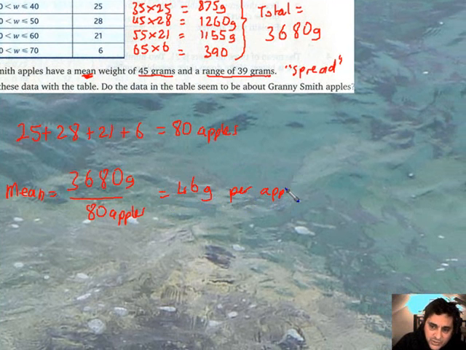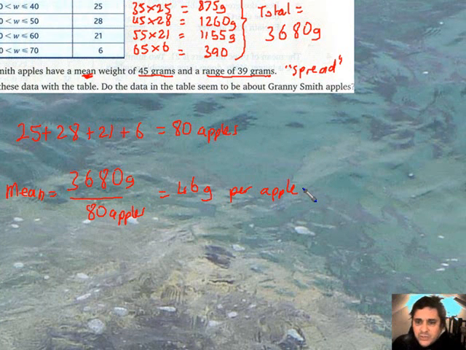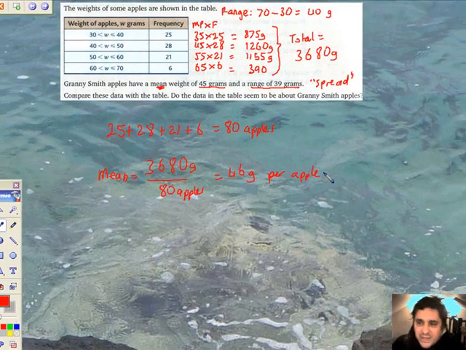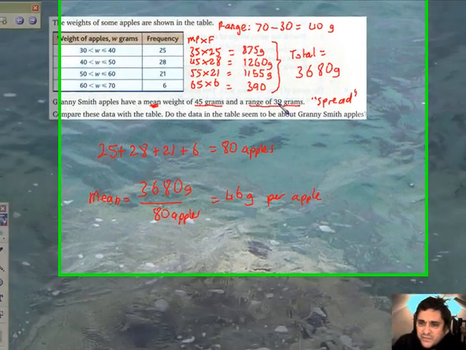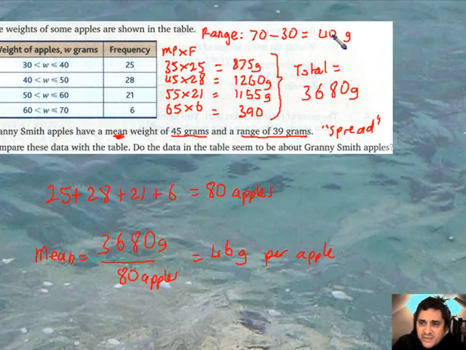Now, question. Compare these data with the table. Do the data in the table seem to be about Granny Smith's? Well, a range of 39 for Granny Smith's, 40 in the table. A mean weight of 45, we get 46. What's 1 gram between friends?